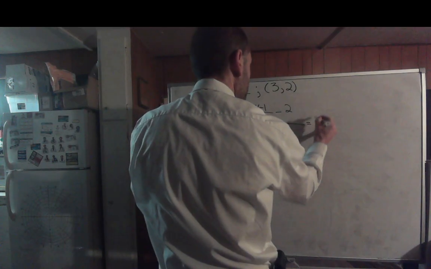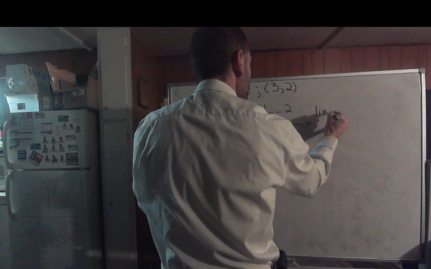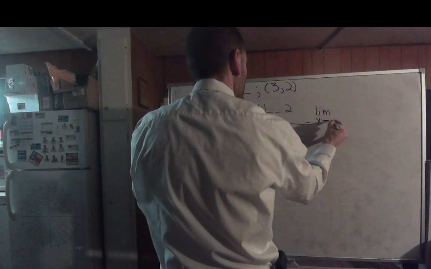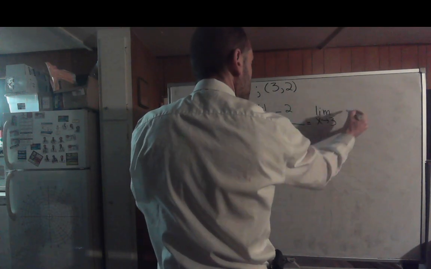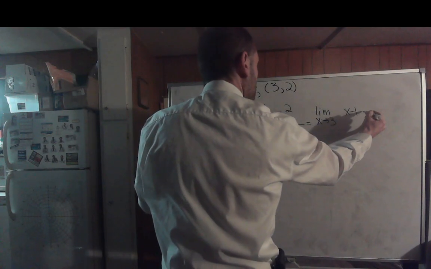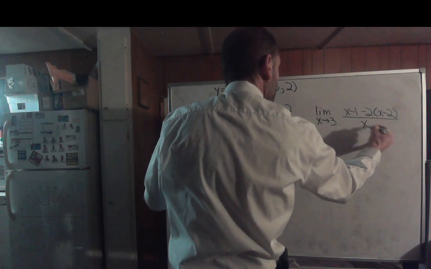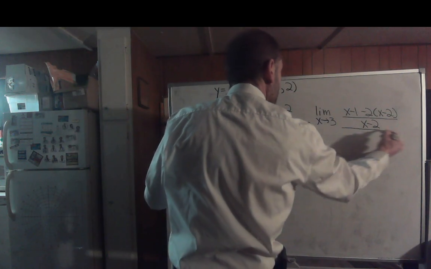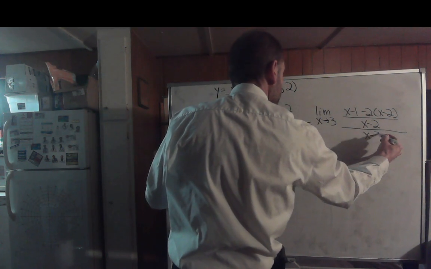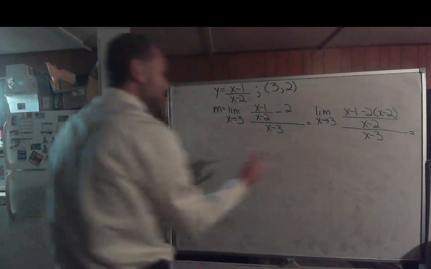This would end up as the limit as x approaches 3 of (x minus 1 minus 2 times the quantity of x minus 2) all over x minus 2, that all over x minus 3. And now let's simplify that numerator.